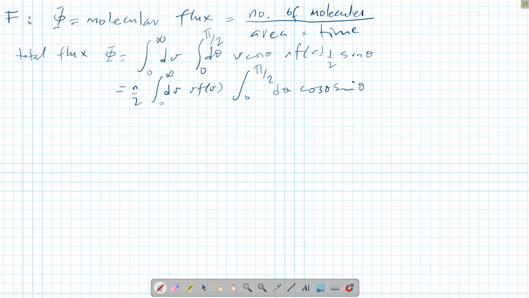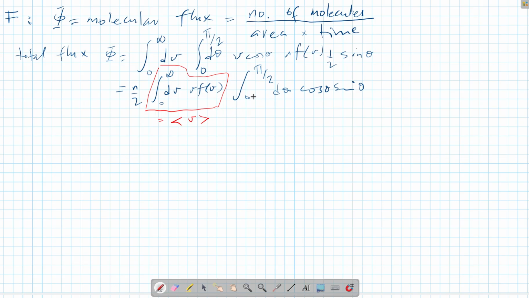And hopefully you can easily see that this is the average, what we have done before. F, remember, is the Maxwell-Boltzmann distribution. So this integration is going to be the average speed of molecules.